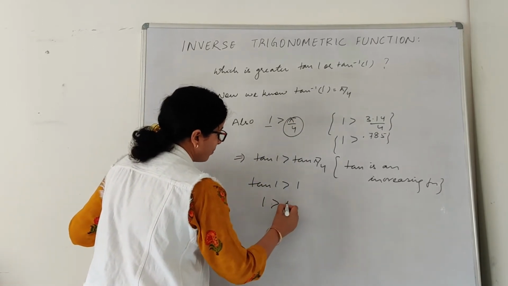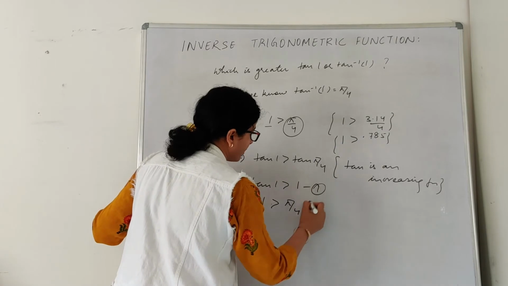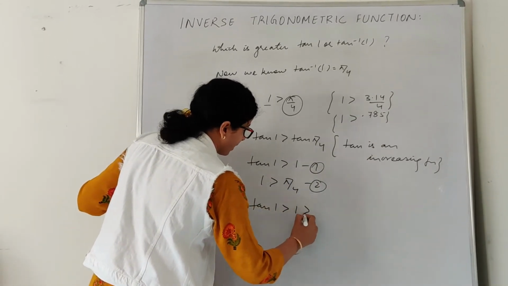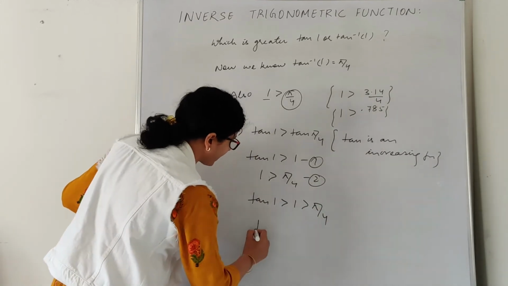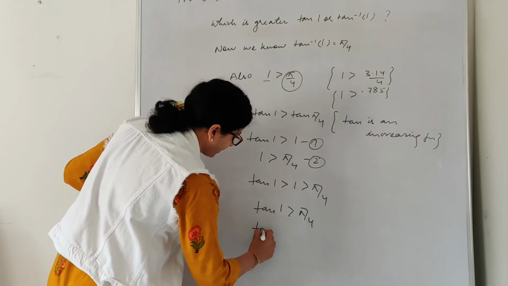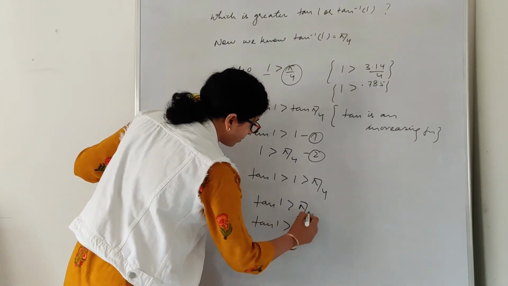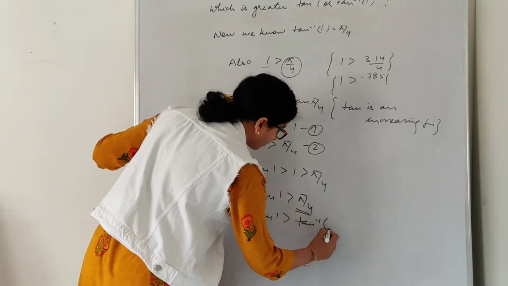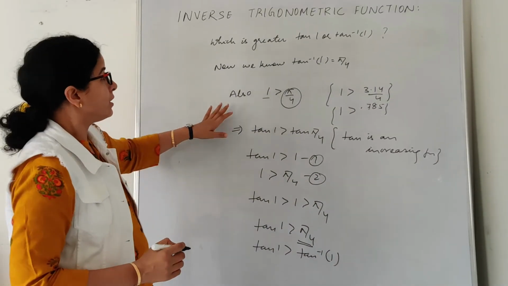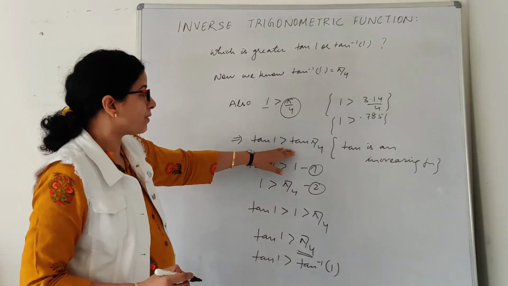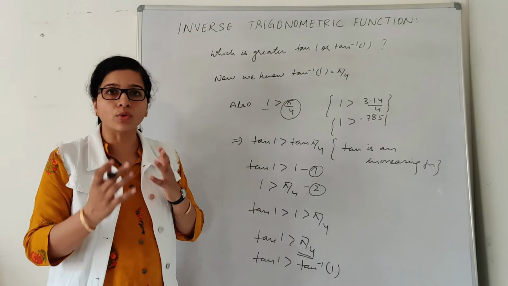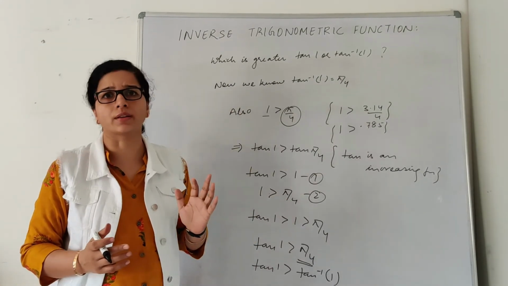So from the first and second, I can write tan 1 greater than 1 greater than pi by 4, or I can write tan 1 greater than pi by 4. Instead of pi by 4, I can write tan inverse 1, right? Proved. Is that clear? So the concept I have used here is that tan is an increasing function. If you know that concept, you can easily solve that.